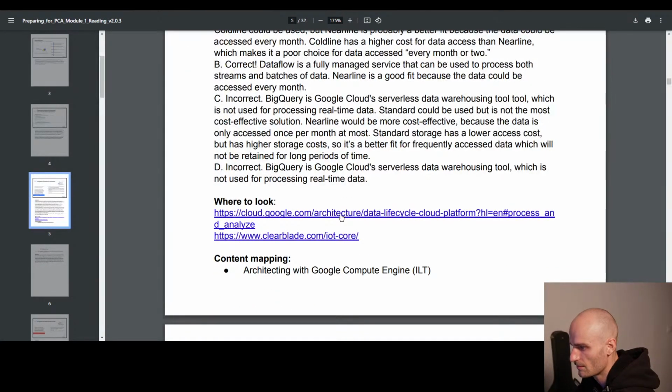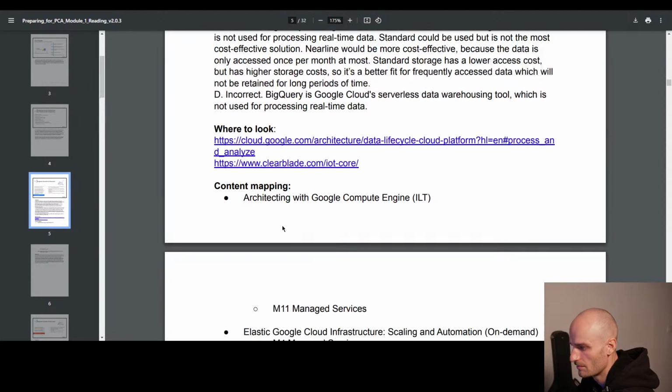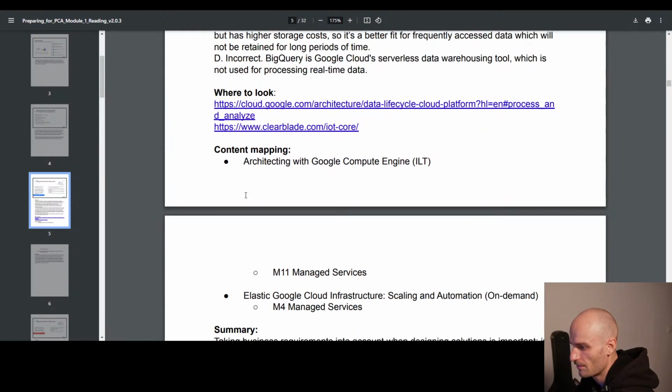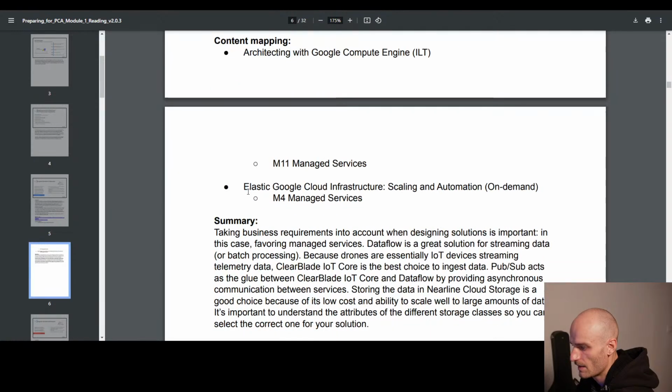Where to look? Taking business requirements into account when designing a solution is important, in this case, favoring managed services. Dataflow is a great solution for streaming data or batch processing because drones are essentially IoT devices streaming telemetry data. ClearBlade IoT Core is the best choice to ingest data.